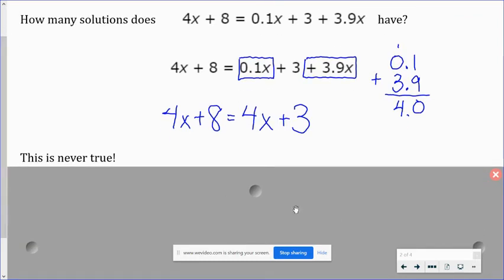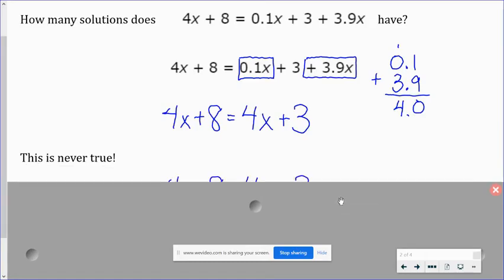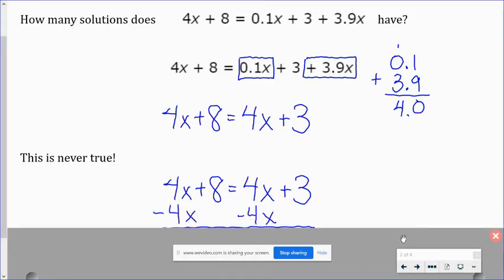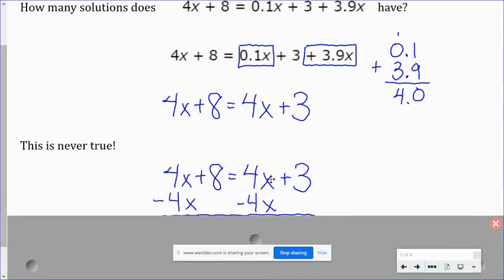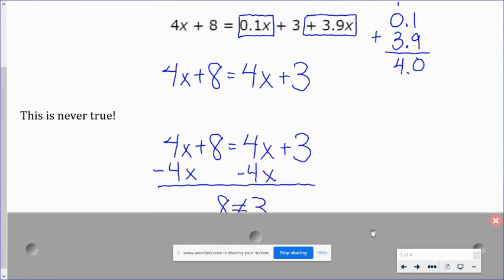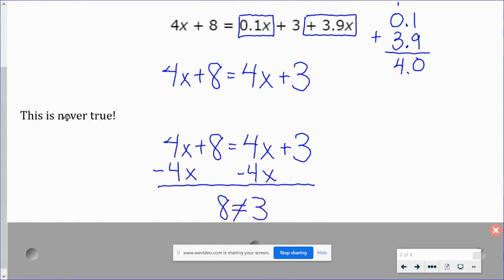If we continue to collect like terms, let's move all of our x terms to the left-hand side, getting our letters on the left. To undo positive 4x, we would have to subtract 4x. Whatever you do to one side, you do to the other. And in this case, the x's on the right are eliminated, but the x's on the left are also eliminated. And you are left with a statement of just 8 equals 3, which we've already said is never going to be true.